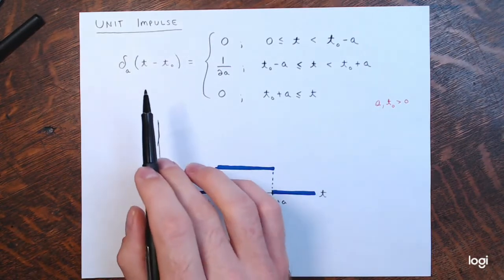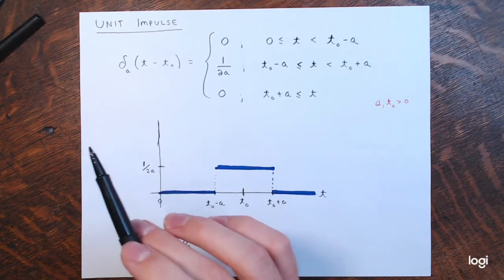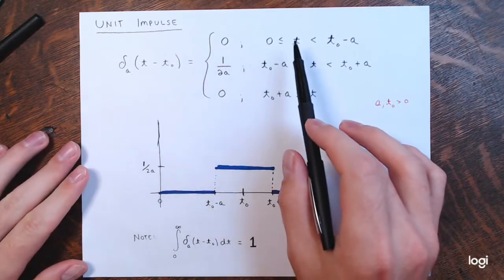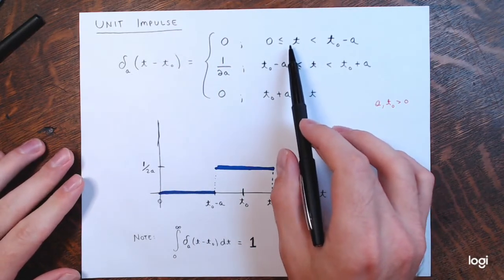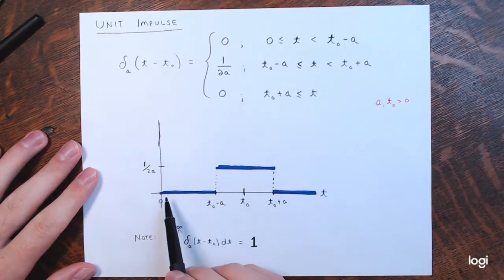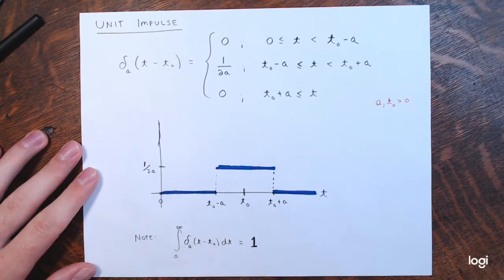And this function is defined piecewise. It's defined as 0 for values of t from 0 to t sub 0 minus a. So from 0 up until a units before t sub 0, usually t will represent time here.